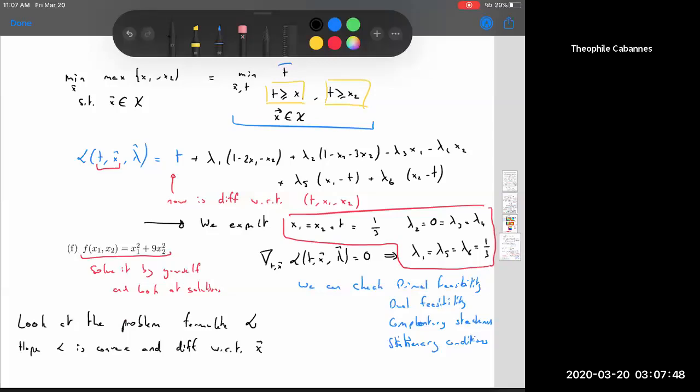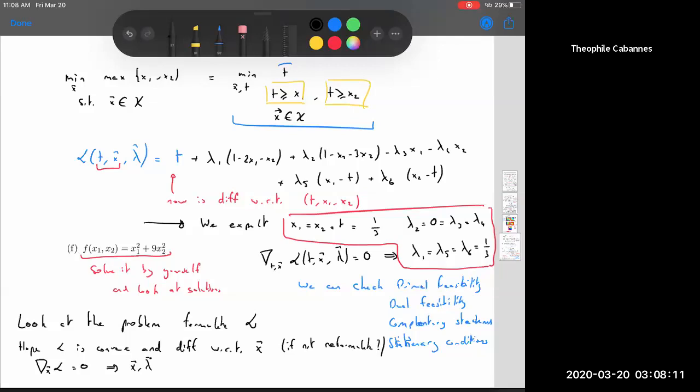If it's not the case, then maybe reformulate. And if it's convex and differentiable, you set the gradient of the Lagrangian to be equal to 0, which will give you some conditions on the x and the lambdas.